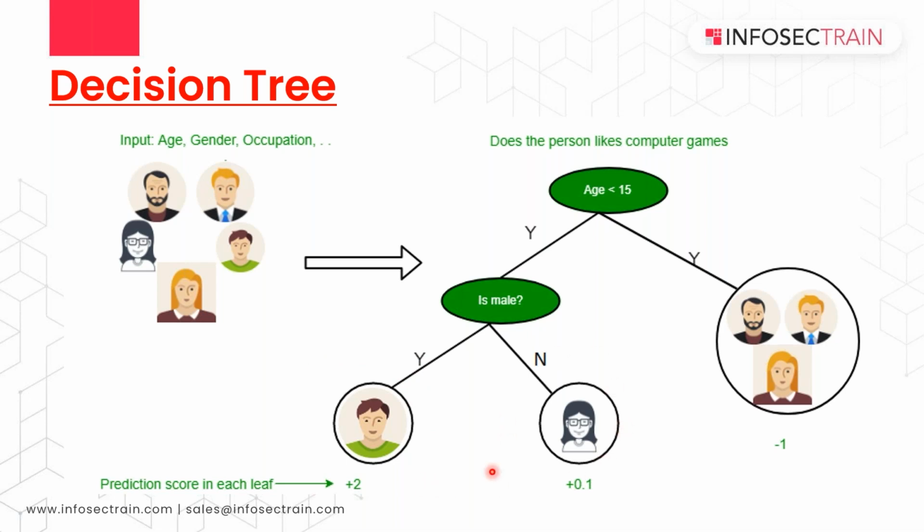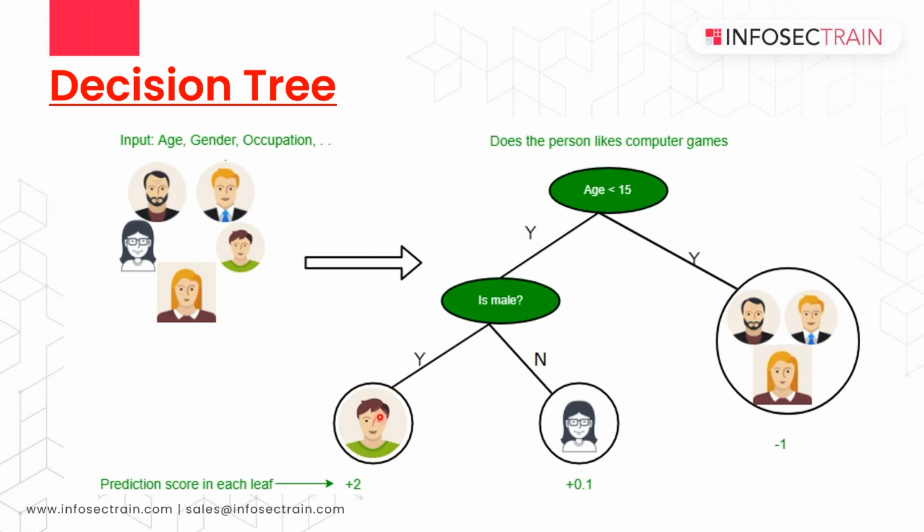First we go with the age column. We check if age is less than 15, and we can simply say yes, the negative score is there, which means they don't like computer games. Otherwise we check another feature: whether the person is male or female.